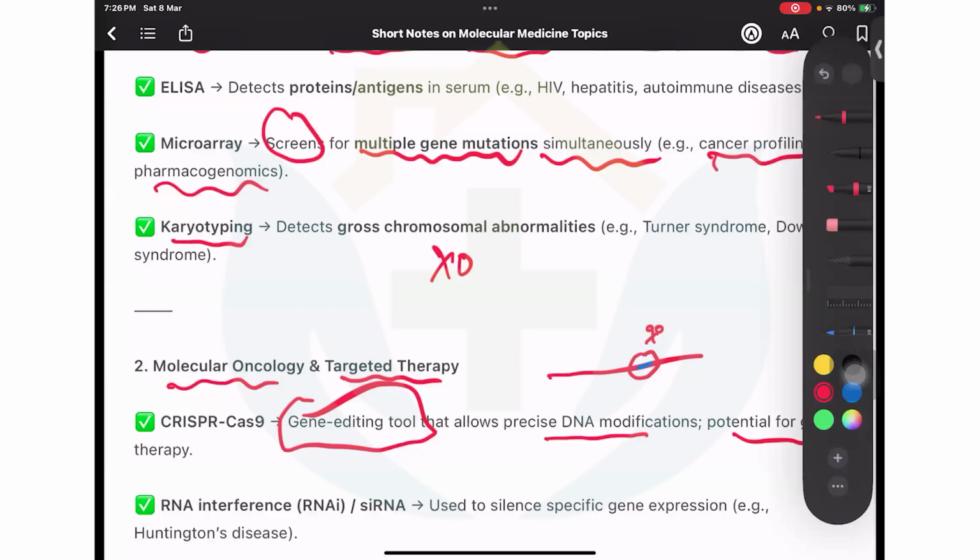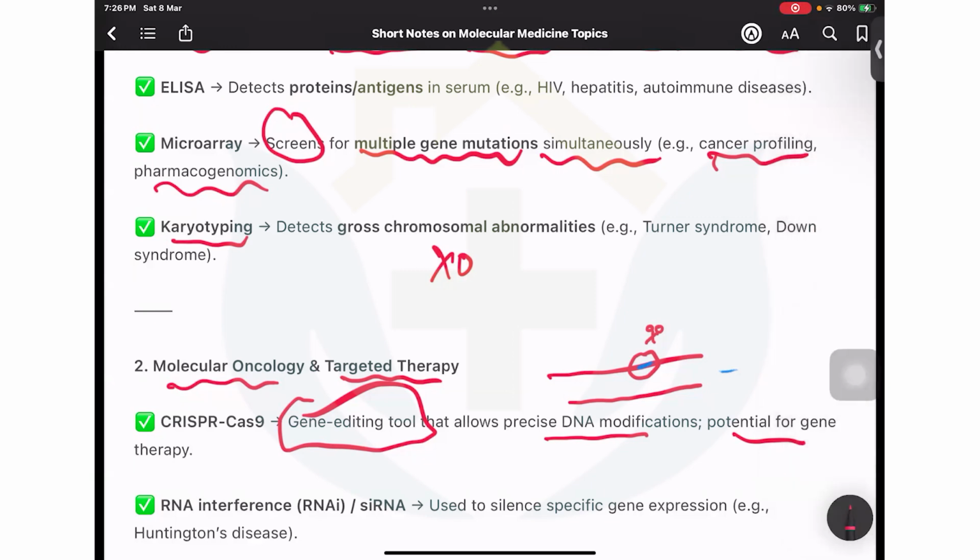And then when this is removed, it will reunite like this. And the blue portion is literally lost with the scissors. So the mutated gene, the oncogene, will be taken away, and the cancer potential will decrease. So these are the newer interventions that will be utilized in the coming future, and they will become routine things.